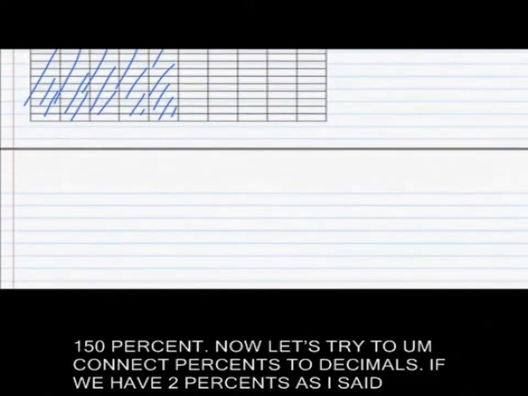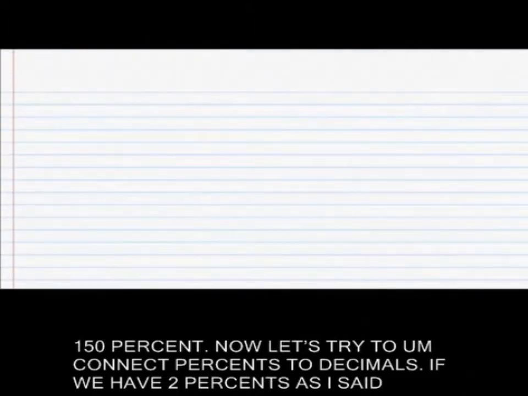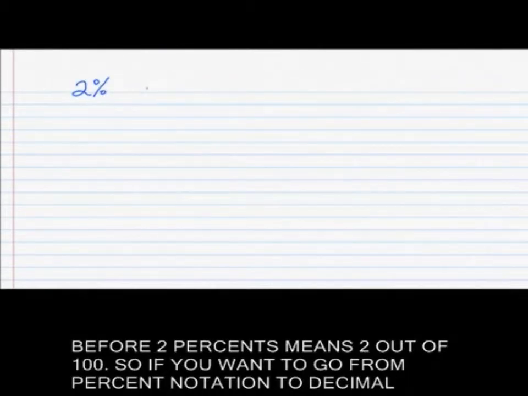Now let's try to connect percents to decimals. If we have 2%, as I said before, 2% means 2 out of 100.